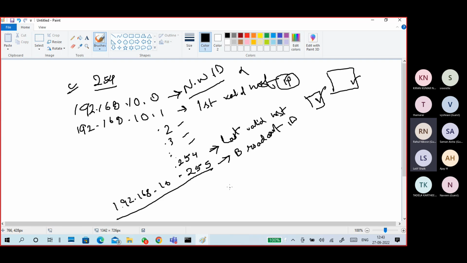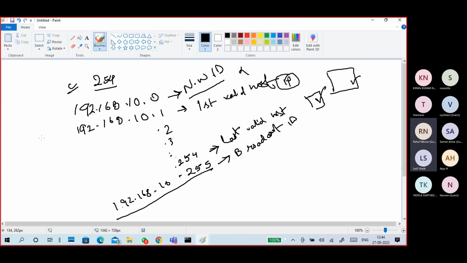One of the PCs wants to broadcast to everyone within the same logical network, within their broadcast range. The PC wants to broadcast a message.